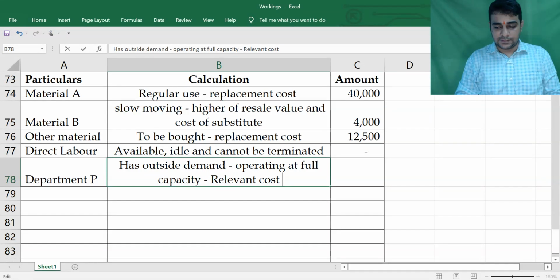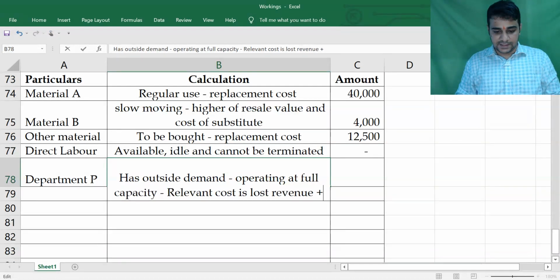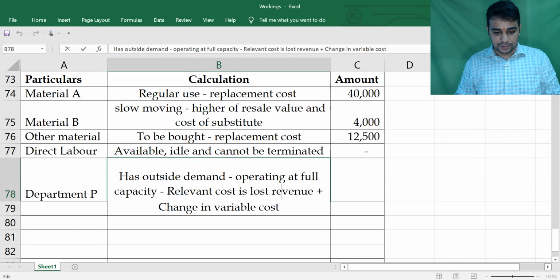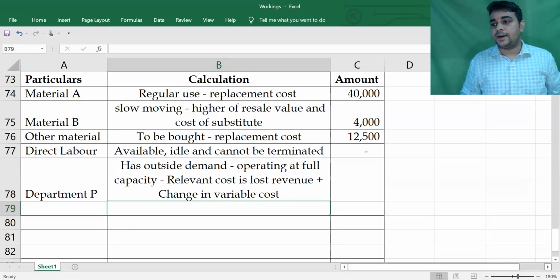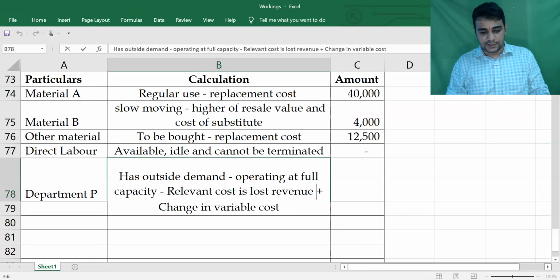Relevant cost is lost revenue plus or minus change in variable cost.